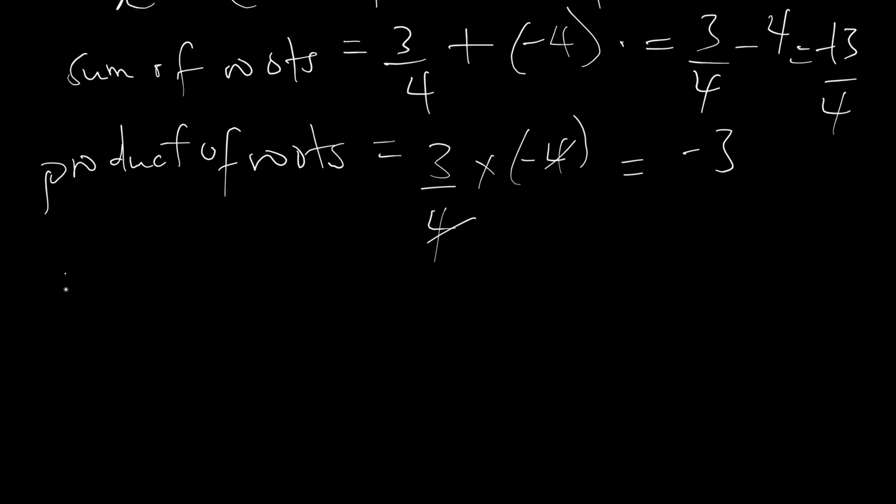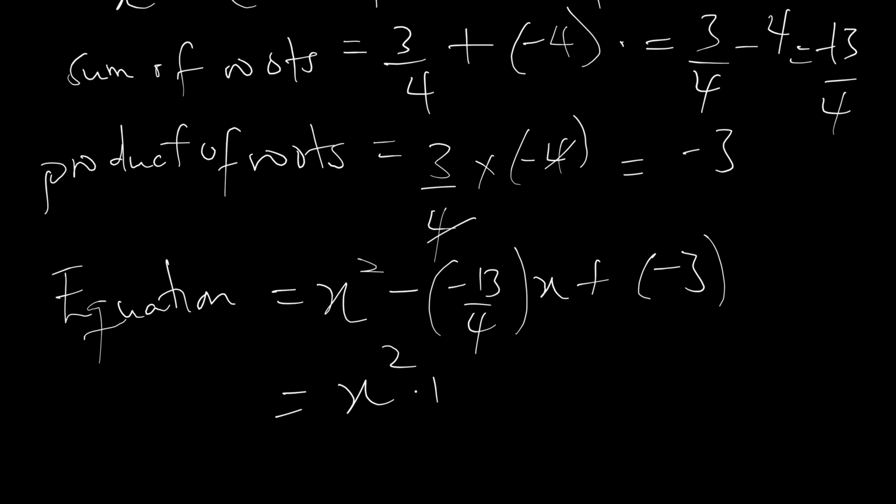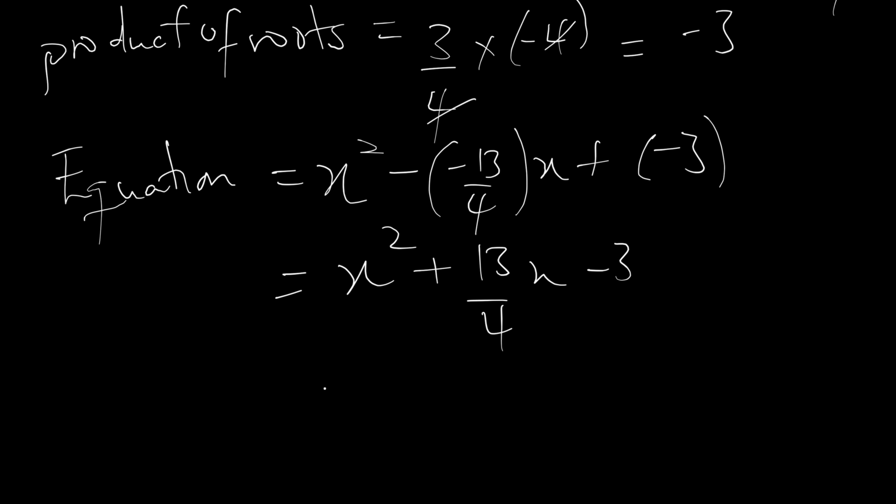So our equation will be equal to x squared minus the sum of roots, which is -13/4x, plus the product of roots, which is -3. So our equation becomes x squared plus 13/4x minus 3. Now to get rid of the fraction, we multiply everything by 4.